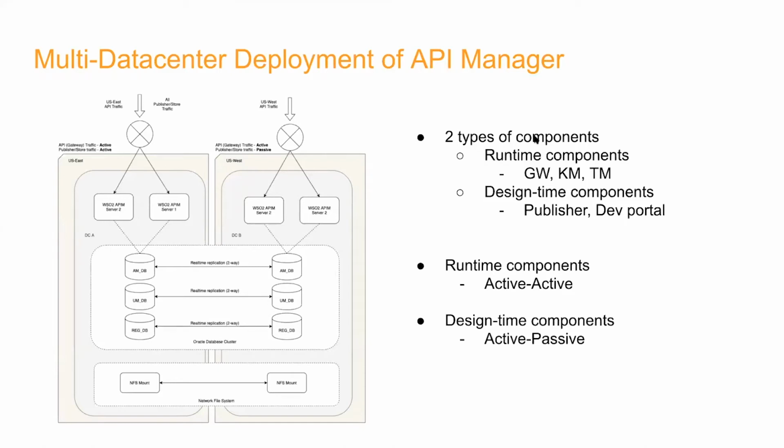If you think about WSO2 API Manager, we have two types of data. One is what we save in the file system, the other is in the database. Like Dinusha mentioned earlier, our recommendation for sharing files stored in the file system is the network file system. If you think about the data stored in the databases, we need to think of how to sync this data across multiple data centers.